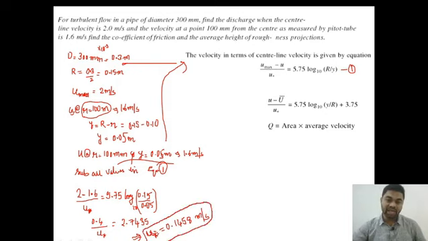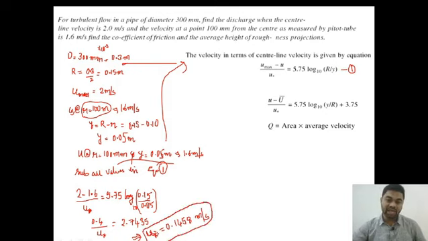When we substitute y equal to r, this velocity becomes maximum velocity. Substitute this criterion in equation 2: if we substitute y equal to r, then u becomes u max.